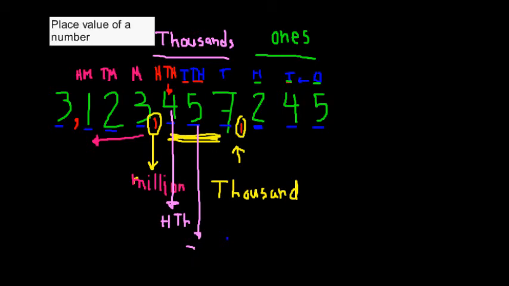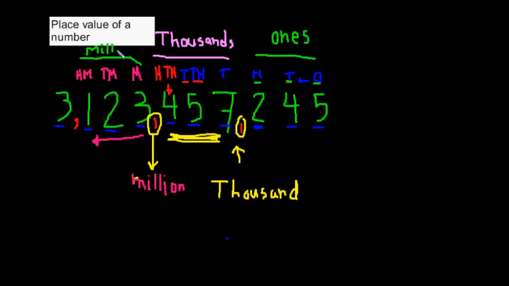Let's see the other part. In the other part we have 1, 2, 3, and these numbers are written in millions. What about the other 3? The other 3 is written in billions.